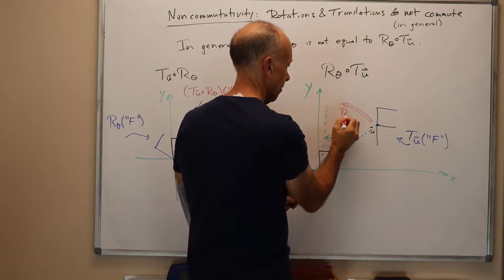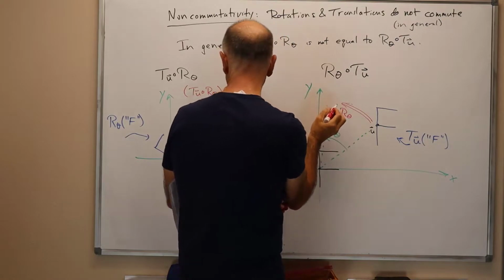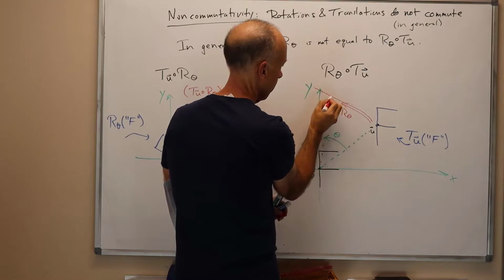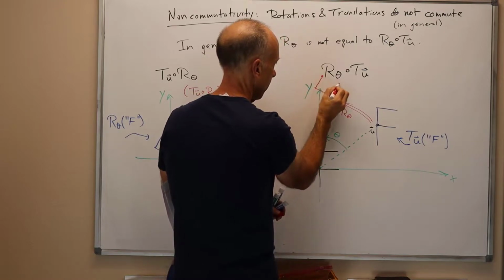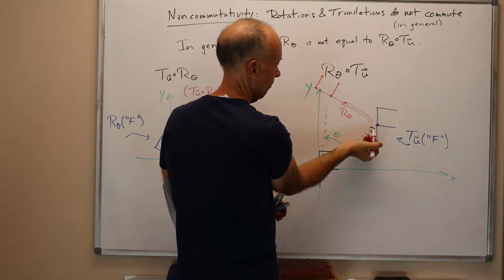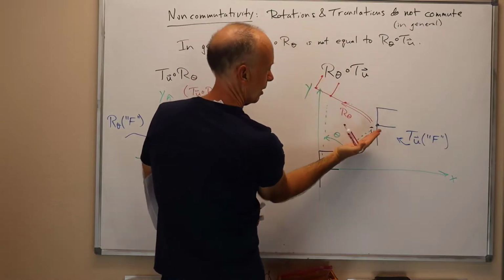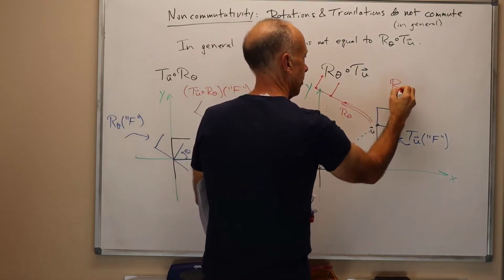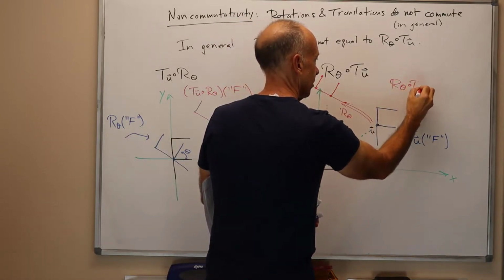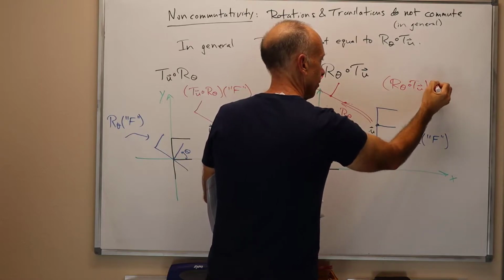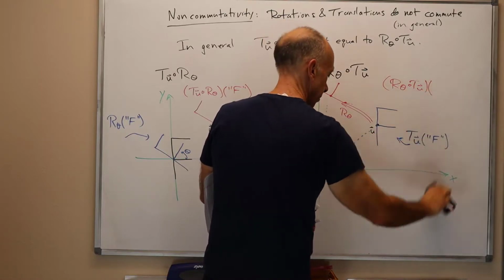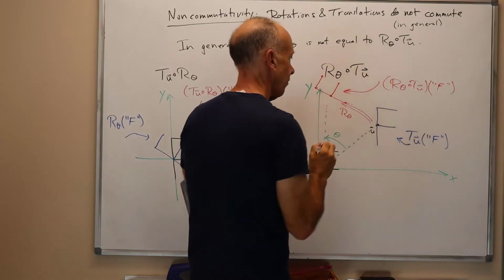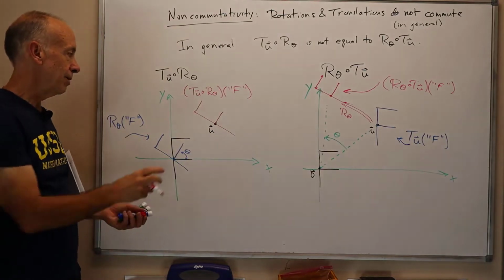R theta does this, and it places the F something like this. So the F has been taken here and rotated over. Think of taking the F and just sliding it over. And so then this F, R theta of T_u of the F shape, is this F up here. So you can see it's in a completely different position than it is here.